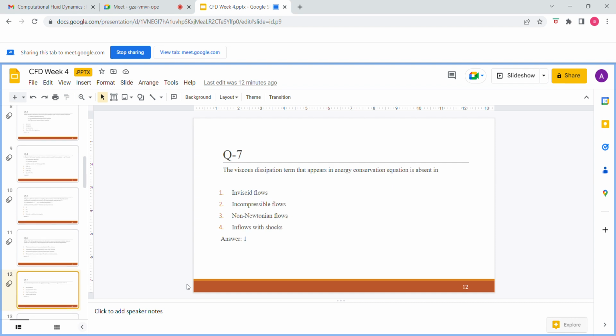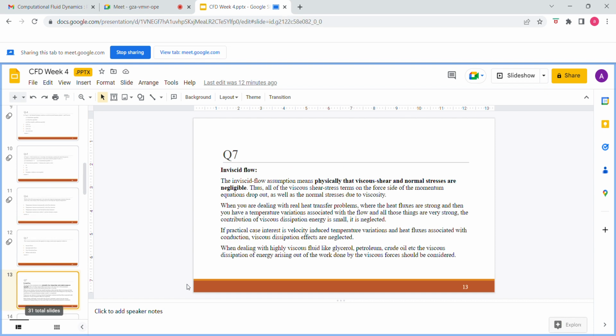And we also saw when the viscous dissipation term would be neglected in the energy conservation equation. It would be neglected for most real life problems, where heat fluxes are strong and the temperature variation is because of the flow velocity. In those cases, we would be neglecting the viscous dissipation energy.